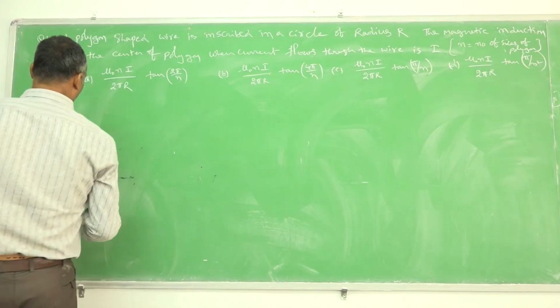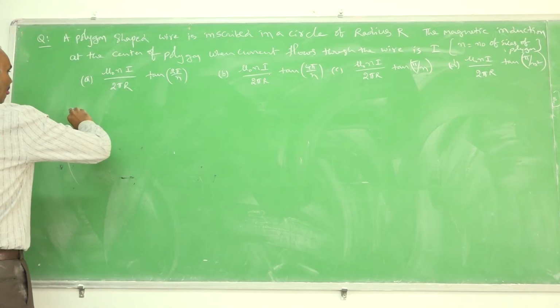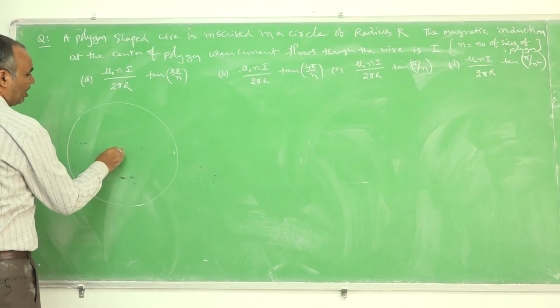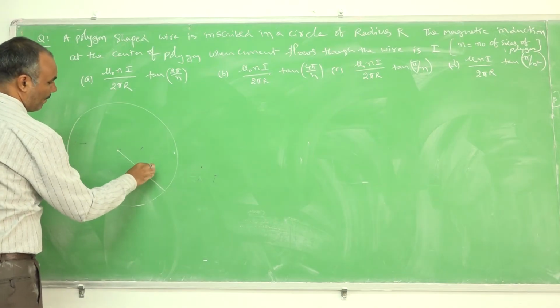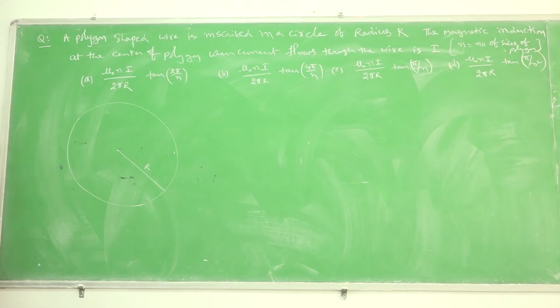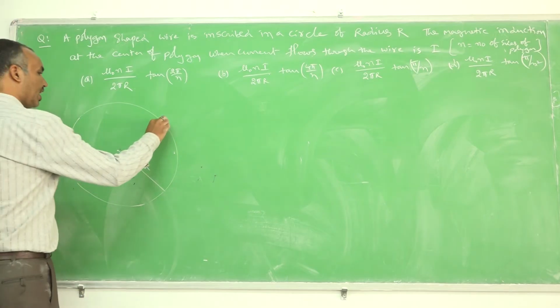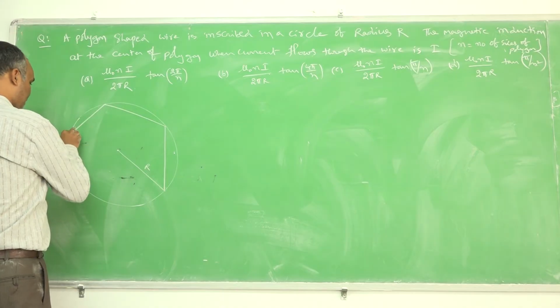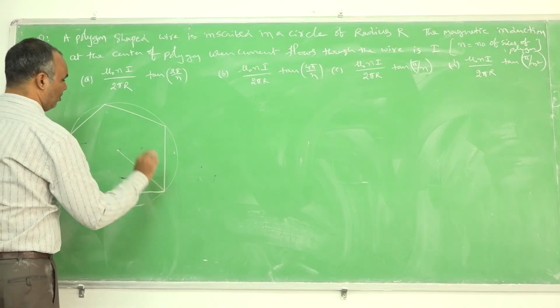So there is a circle with radius r. There is a polygon inscribed in it.